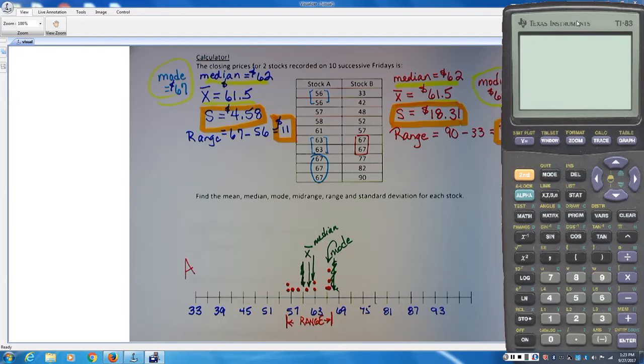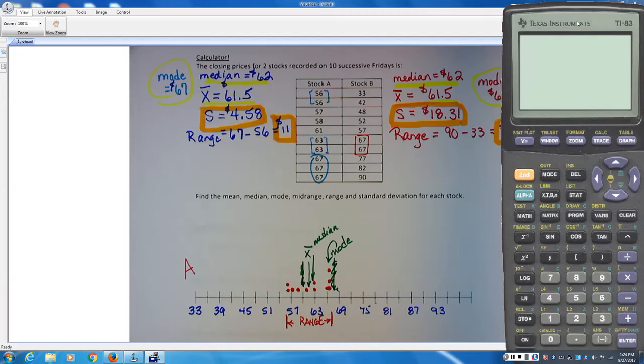Does that have anything to do with variance? Yes, but standard deviation is the square root of the variance, and the problem with variance is that if we're talking about the variance of stock prices, then it comes out in square dollars.